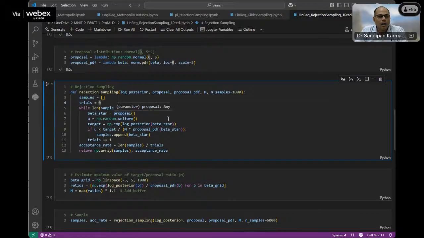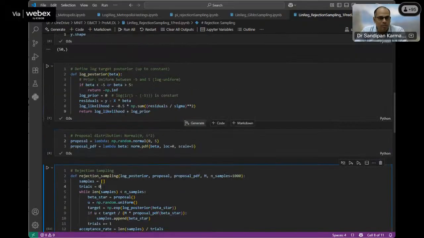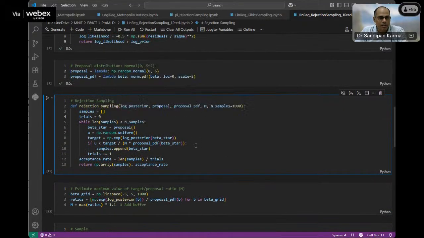Then I am generating n_samples; this is a function. Then beta star, which is the proposal value. Then I generate a uniform random number u, and create the target, the exponential of the log posterior of this beta star. Then if u is less than the target divided by M times the proposal PDF of that beta star.